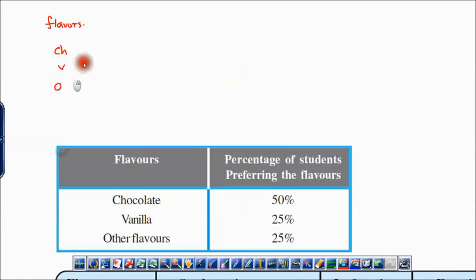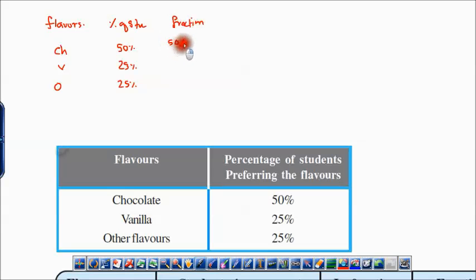So write down the names. Then percentage of students who like chocolate 50%, vanilla 25%, others 25%. Then you have to calculate it to fraction.